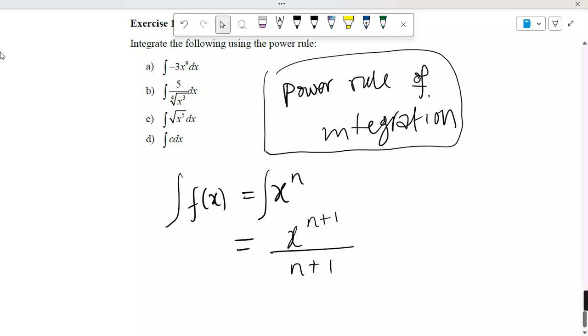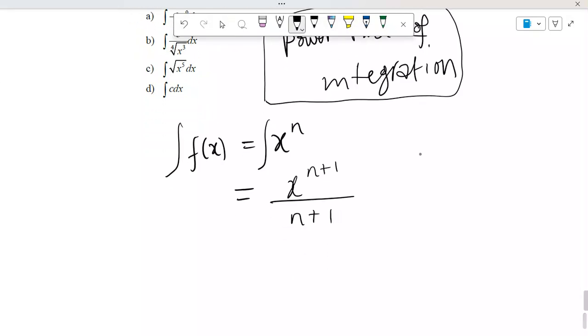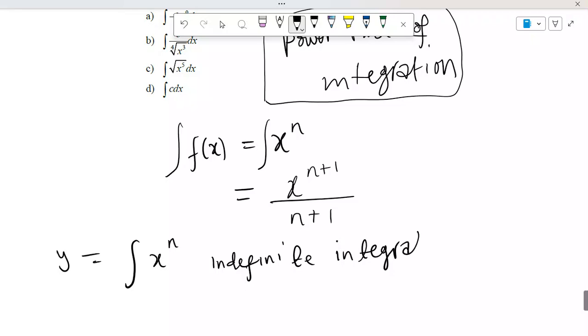There are two different types of integrals. If we integrate y equal to the integral of x to the power n, we call this an indefinite integral.